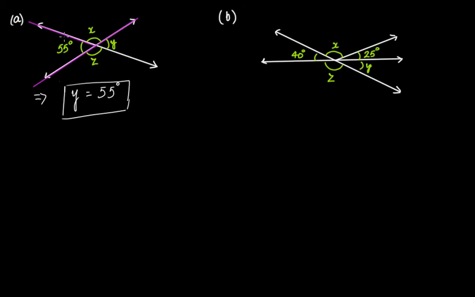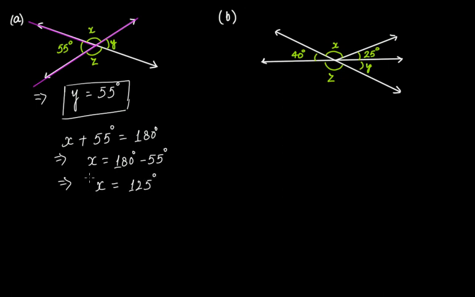Because these two are non-common arms. This is one common arm and two adjacent angles forming linear pair. Therefore, x plus 55 degree will be equal to 180 degree. If you solve this, x is equal to 180 degree minus 55 degree, which is 125 degree. So x comes as 125 degree.